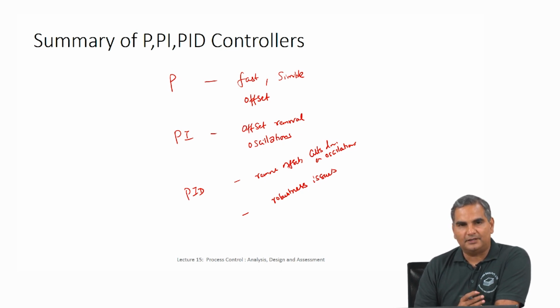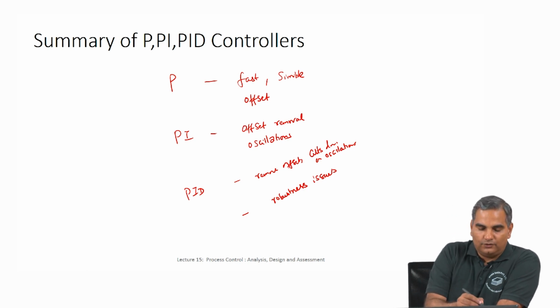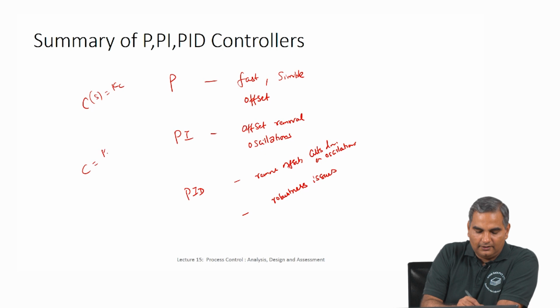And once you have GP and GD, you can choose any controller form. If you choose a P controller, then C of s is simply Kc. If you choose PI, this is Kc times (1 plus 1 over tau I s), and if you choose PID, this is Kc times (1 plus 1 over tau I s plus tau D s).